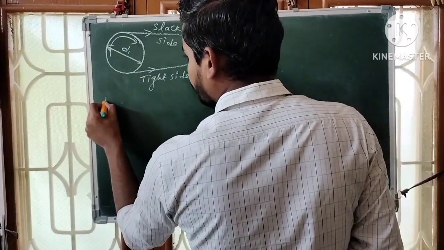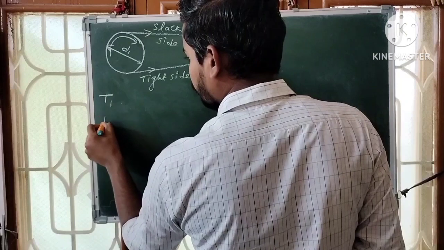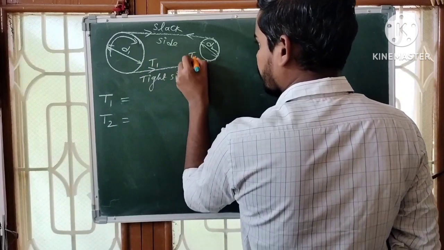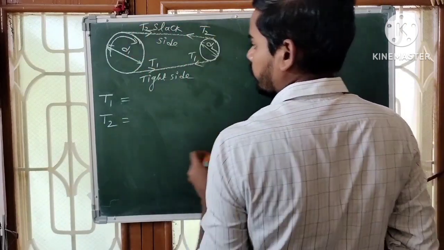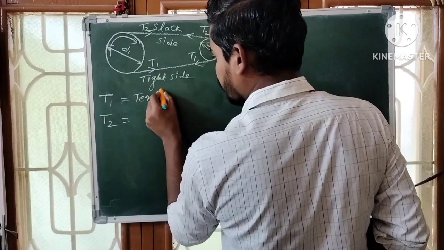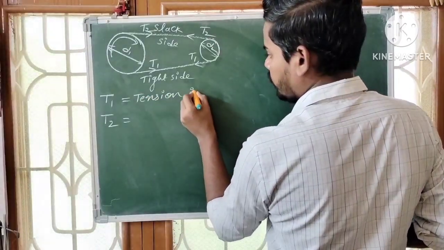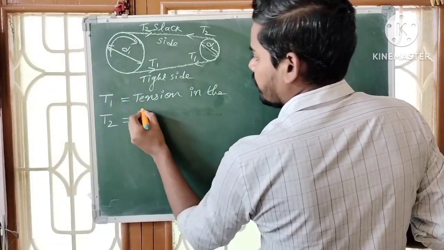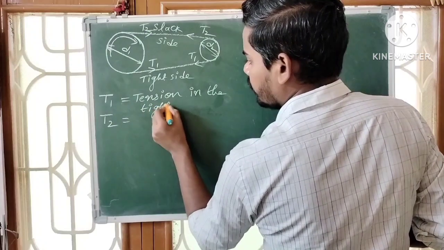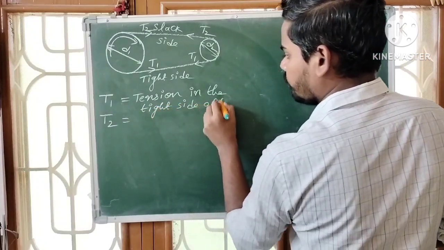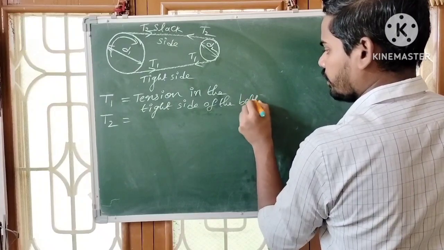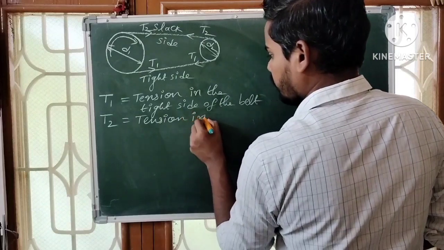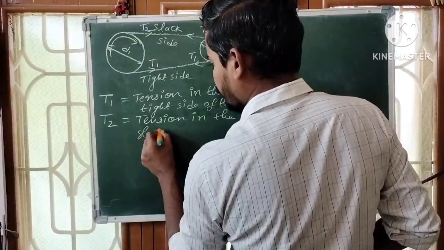Here we have two types of tensions in any flat belt: T1 and T2. T1 means tension in the tight side of the belt, and T2 means tension in the slack side of the belt.